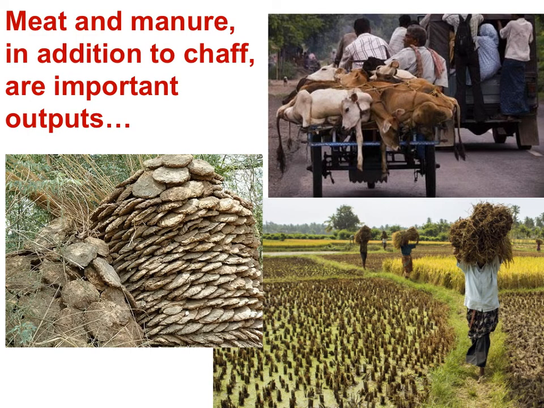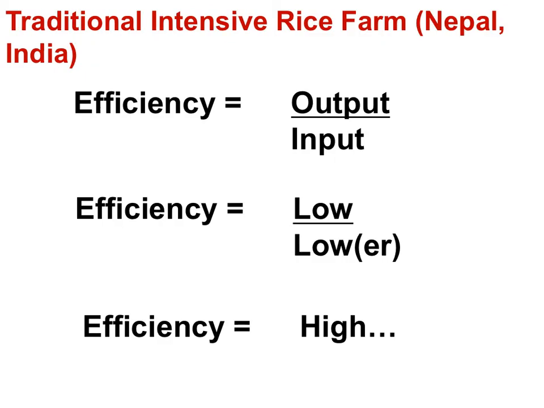Meat and manure, in addition to stalks, are important outputs. On the traditional intensive farm, the outputs are not as high as they are on the modern industrial farm, but the inputs are far lower, thus the efficiency can be higher.